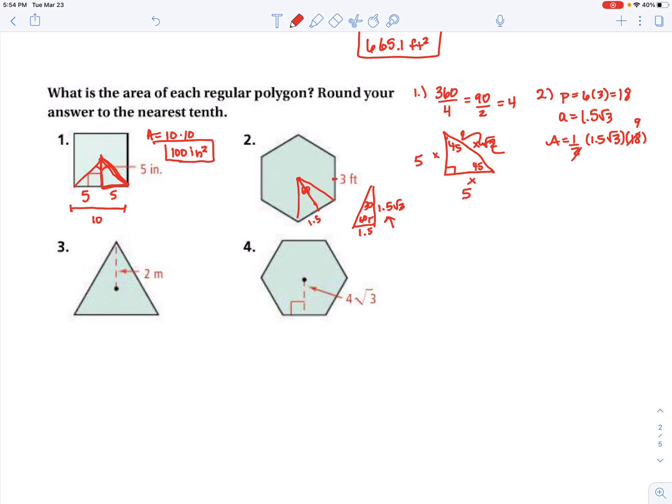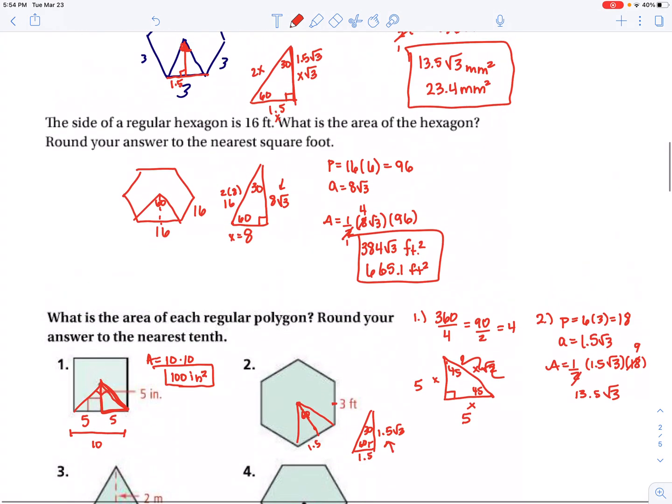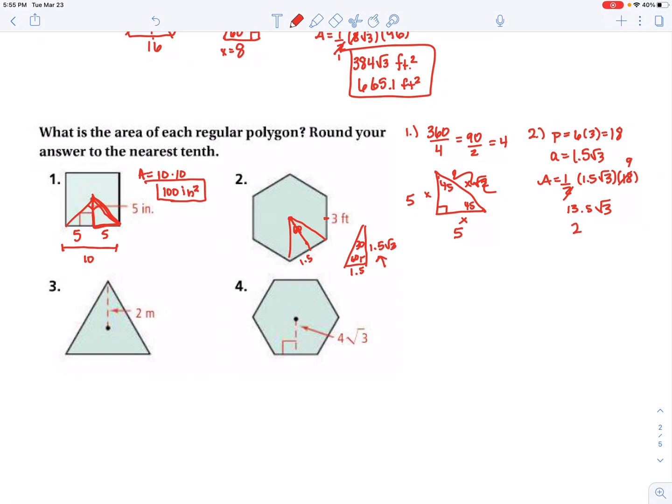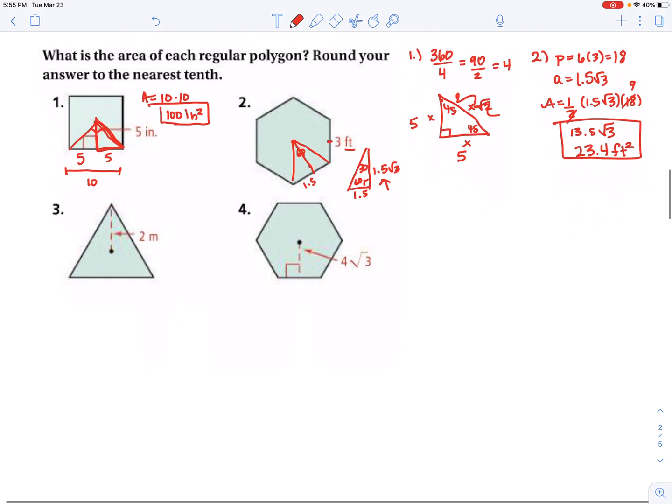So if I take 1.5 times 9, that's 13.5 square root 3, or like we had up here on this one right here with the honeycomb, 23.4. And this one's in feet. So there is your answer for number 2.